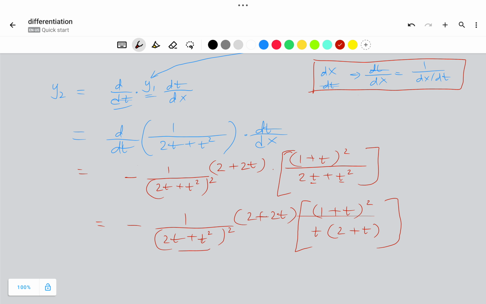Here we have 2 plus 2t, 2 plus 2t, and from here also we can take t square common.